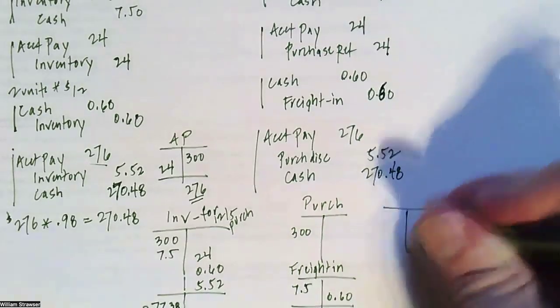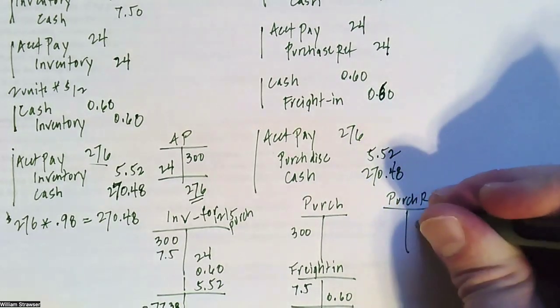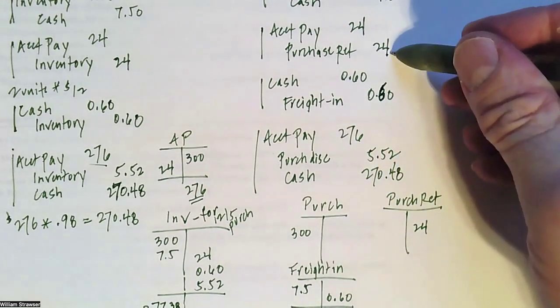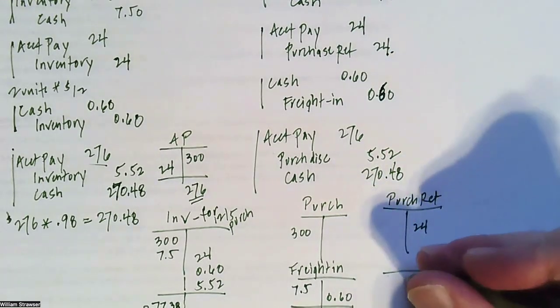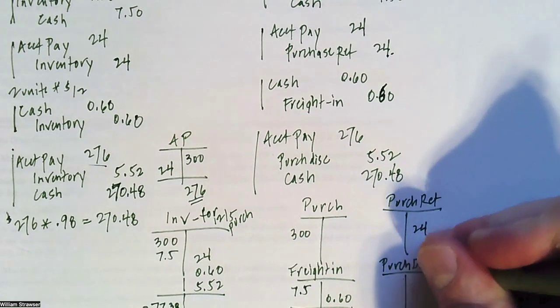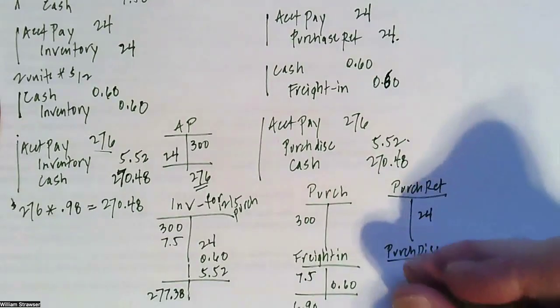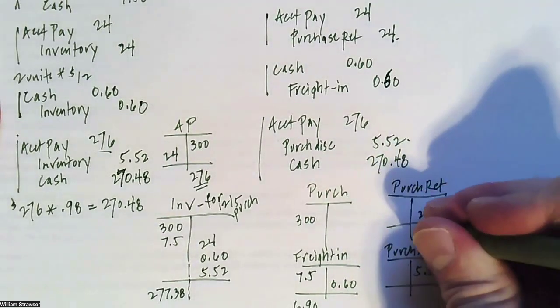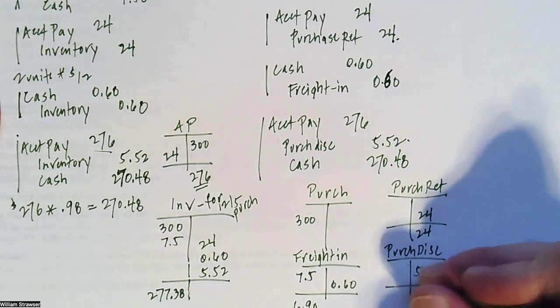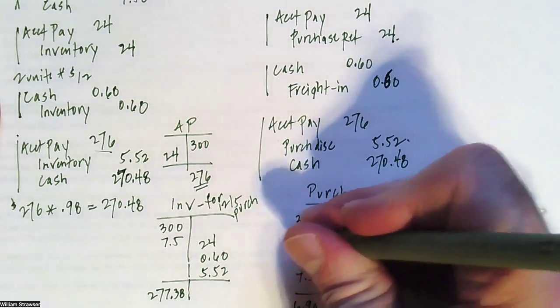I had purchase returns, and those were credited for 24 up here. And then I have purchase discounts, and those were credited for 5.52 when I paid. So those are the sums. The only one that had more than one entry was the freight.